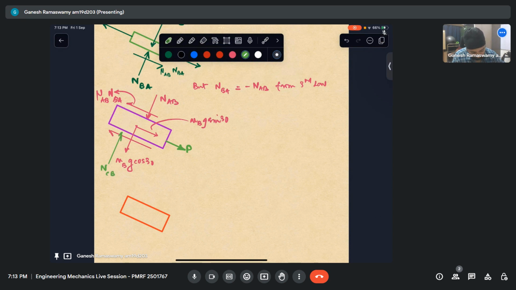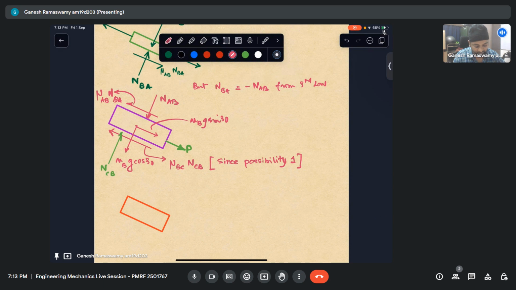Now, since the question says that it is at the limit, and we are following the pretense that this is indeed the case, we will replace this force as mu BC NCB. Since we are considering the first possibility, that is why we are replacing this.